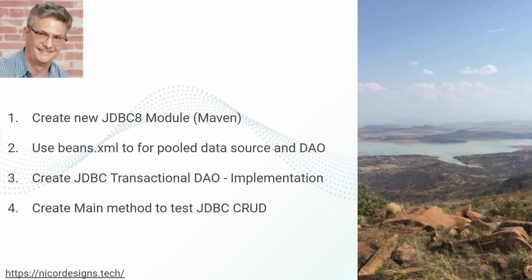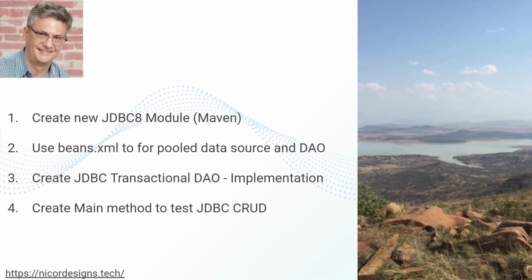These are the high-level steps we will perform in this lesson. First, we will create a new Maven JDBC 8 module with the help of IntelliJ. Then we will use a beans.xml file to specify the configuration for our pooled data source and our DAO access bean.